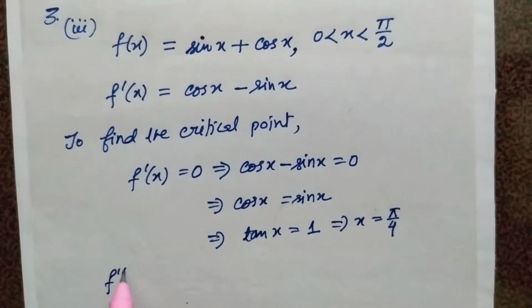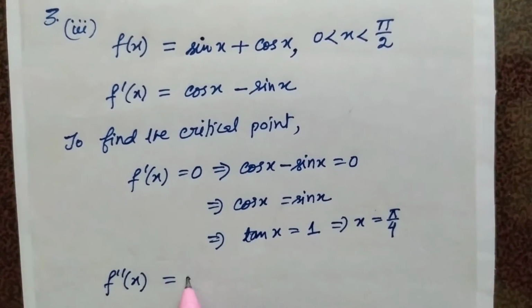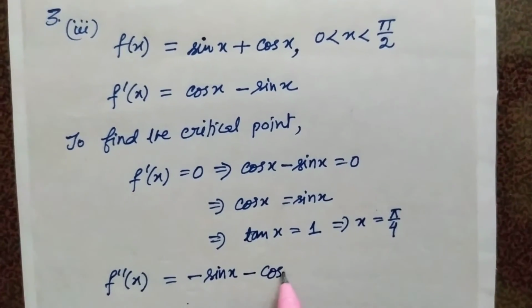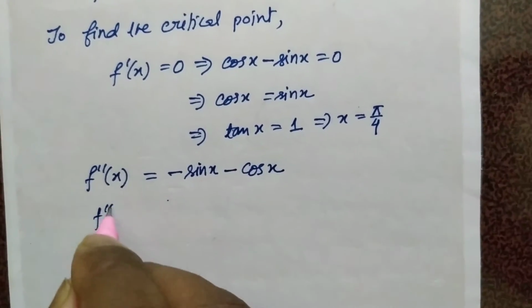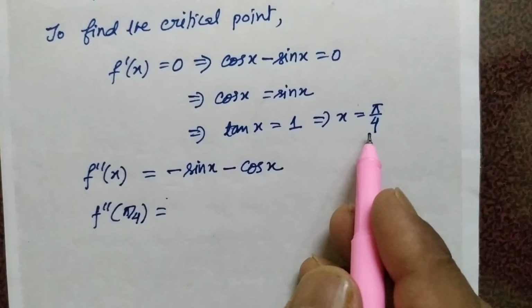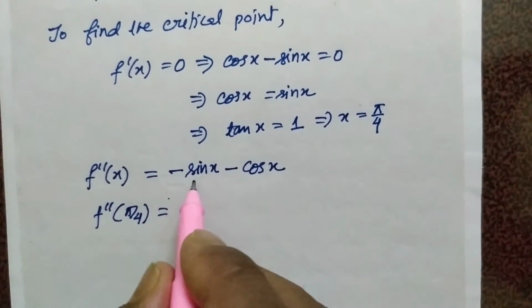Now go for the second order derivative f double dash x. Derivative of cos x is minus sin x. Derivative of sin x is minus cos x. So if we put the value f double dash pi by 4, we see that this is an angle in the first quadrant, and in the first quadrant both become positive.